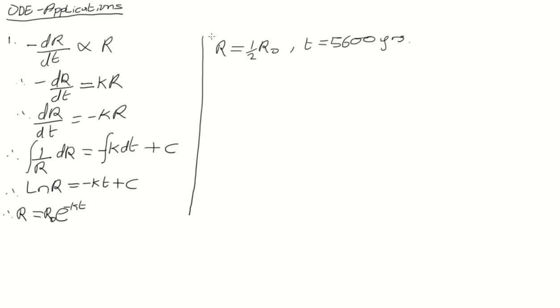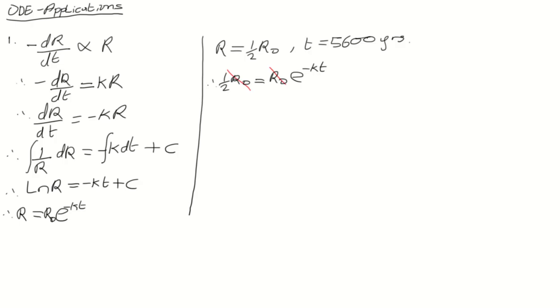But what we know is that R is equal to this right-hand side, because this is still R. So it therefore means we can equate the right-hand side of this R. So it therefore means here 1 over 2 R naught is equal to R naught e raised to minus kt. You can see what happens here is that R naught will cancel.